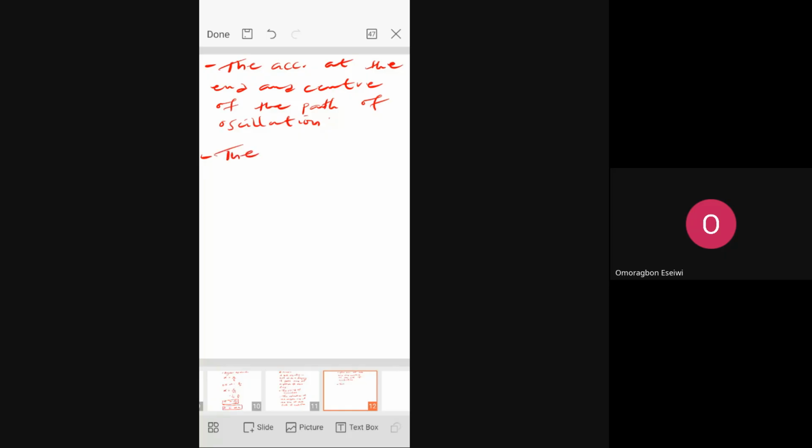The velocity and acceleration at a distance 2 cm from the center of oscillation.